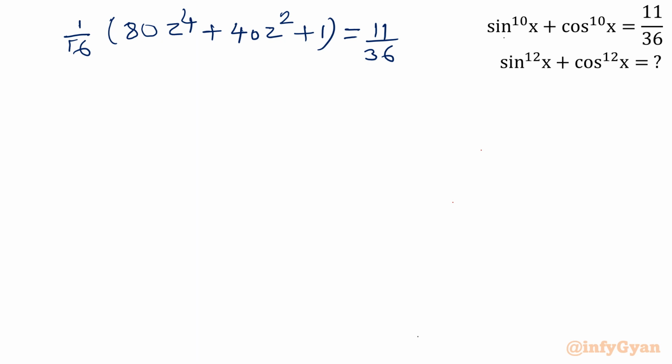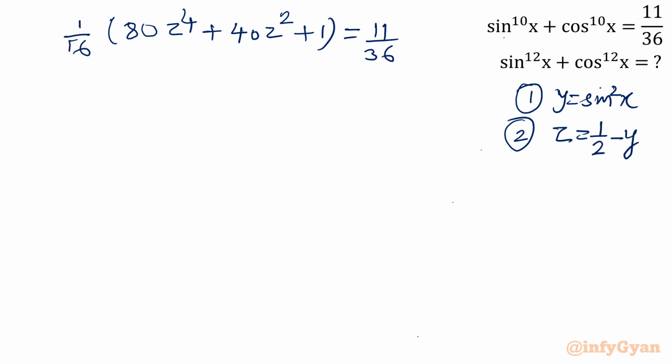Now it looks like a quadratic equation in z square. Okay, remember our substitutions. Substitution number 1, y equal to sin square x, and substitution number 2, z is equal to half minus y.